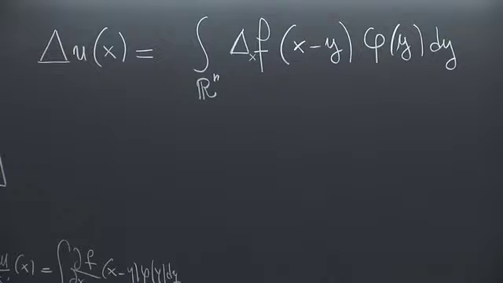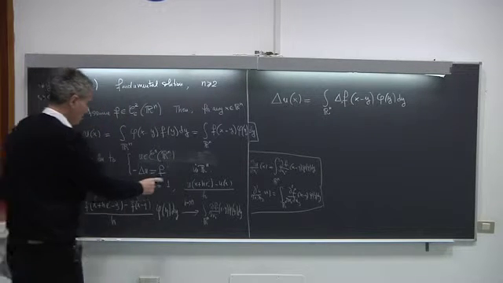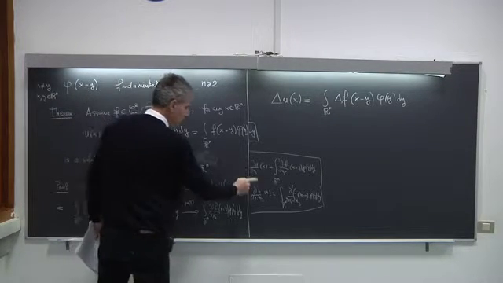And therefore, you will prove that also the second derivative in x_i x_j at x is equal to the integral of the second derivative of f in x_i x_j times phi of y dy, and therefore, in particular, the Laplacian. So from this kind of argument, it follows this and this.